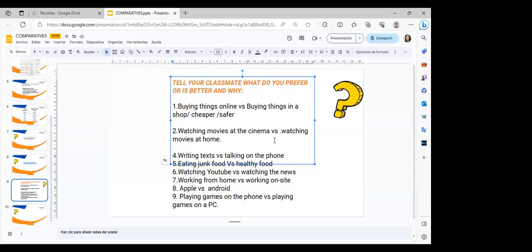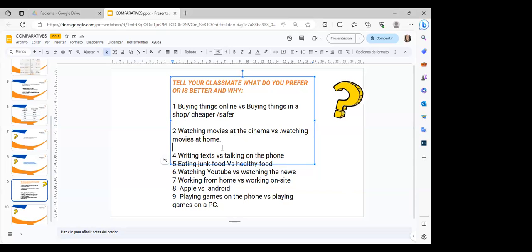Watching movies at the cinema. Okay, at the cinema. Can you tell us why? The lights, movies in the action. Okay, so do you prefer action movies?